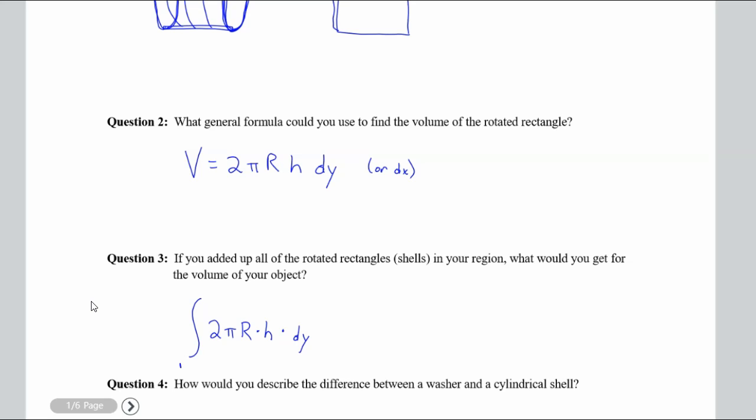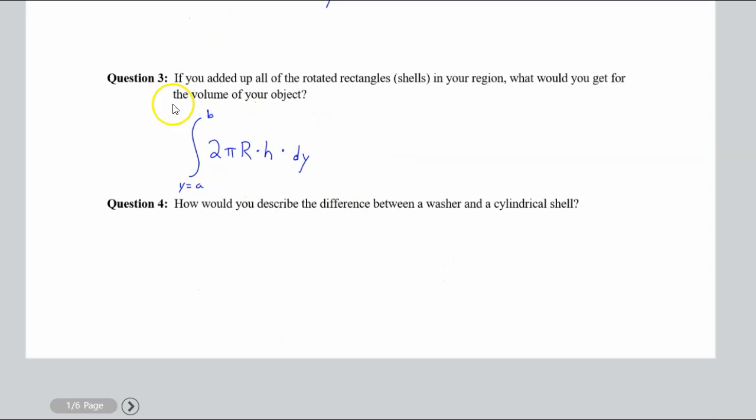So in this case, we'd have y goes from, say, a to b, or it could be an x if it were a dx. So this is what we're going to be doing most of the time, setting these integrals up: finding the r, finding the h, putting those in terms of whatever we have here. In this case, it would be in terms of y. For other ones, it might be in terms of x.